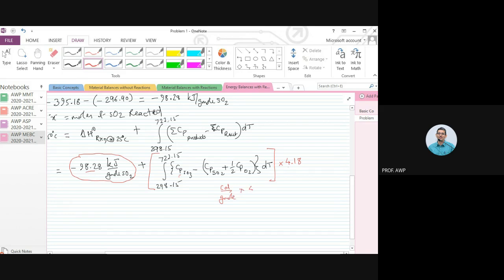If I multiply by 4.18, that is joules per calorie. So this will be in terms of joules per gram mole, not kilojoules per gram mole. To convert to kilojoules, multiply by 1000 or divide by 1000? Divide by 1000. Atharva, be careful. Yes, sir, divide by 1000. Now both the terms have the same units. This also will be in terms of kilojoules per gram mole.